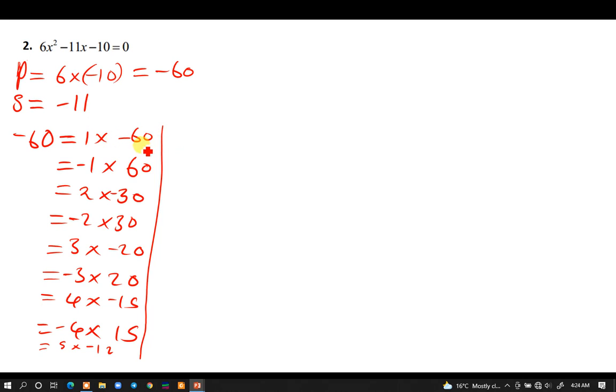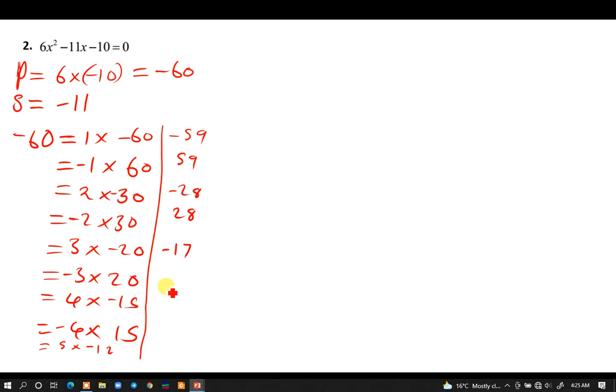So 1 plus negative 60 will give us negative 59. Then 1 plus 60 gives us 59. 2 plus negative 30 gives us negative 28. Negative 2 plus 30 gives us 28. 3 plus negative 20 gives us negative 17.